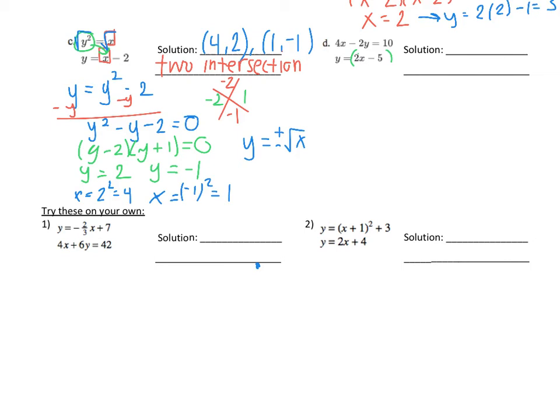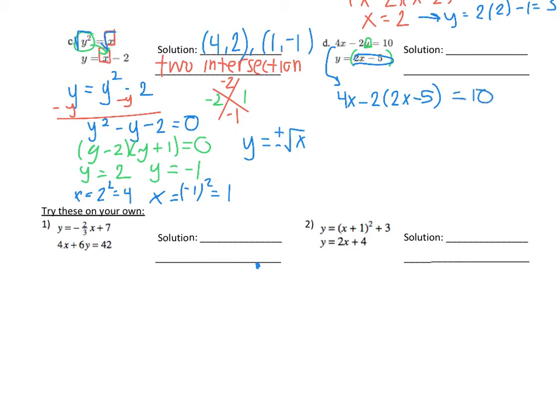So if y equals 2x minus 5, then I can just replace this y with 2x minus 5. So that's how I'm going to set it up. So I'm going to rewrite this first equation here, 4x minus 2y, but instead of y, I'm going to write this whole thing, 2x minus 5, equals 10.